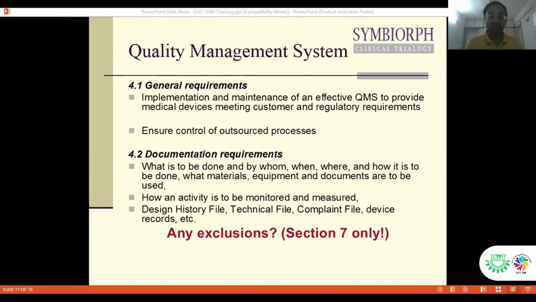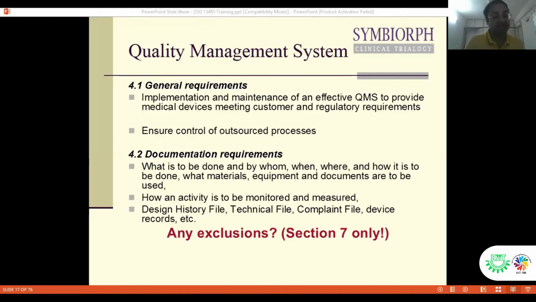Have they given permission for their facility to be audited by a third party agency or third party certification body? So these are the basic requirements which you have to see and include in your quality agreements.